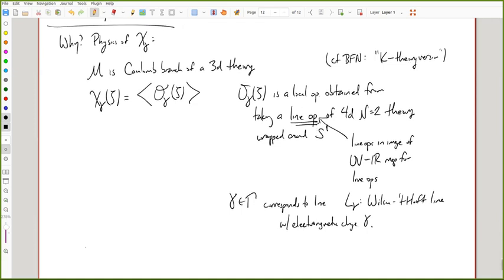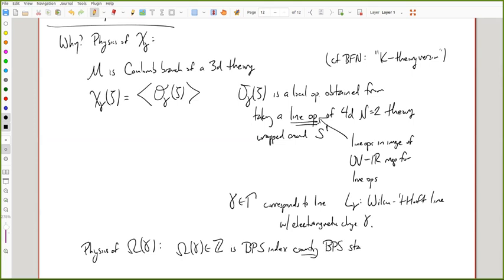And sorry, the very last thing I should say is that the physics of the other key numbers that appeared were these integers, omega of gamma. And omega of gamma is a kind of BPS index, counting BPS states of charge gamma in the Hilbert space of the four-dimensional theory.